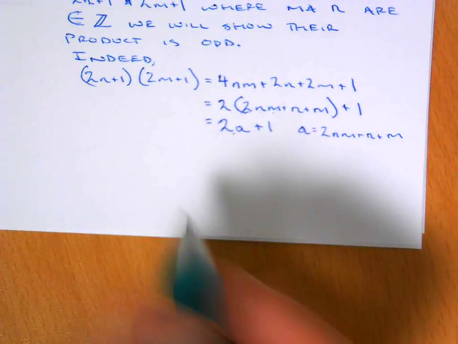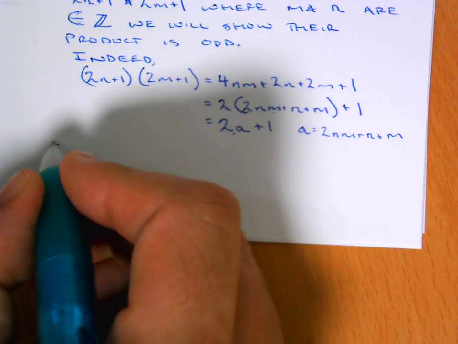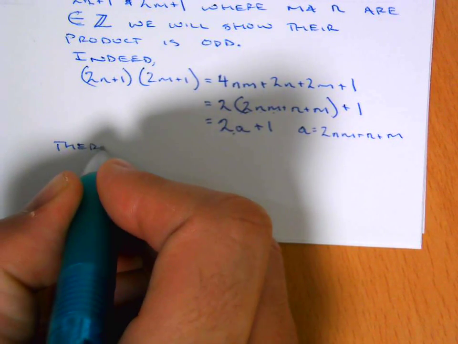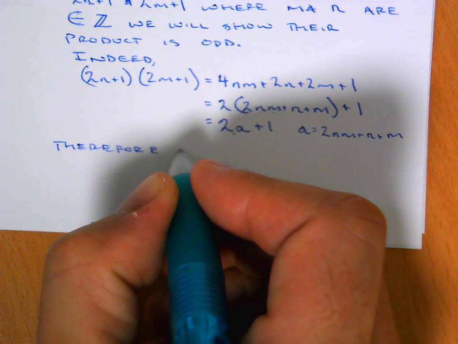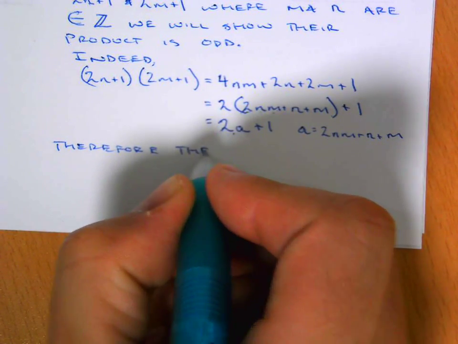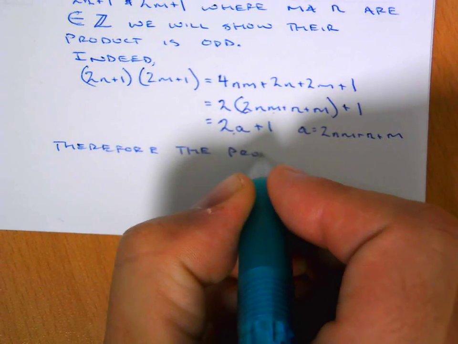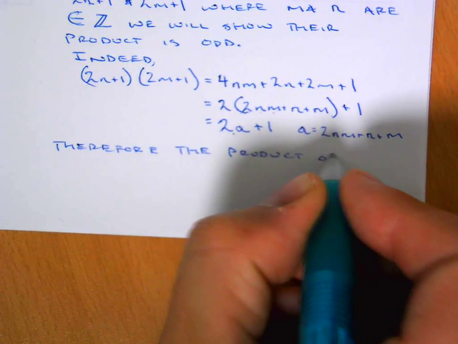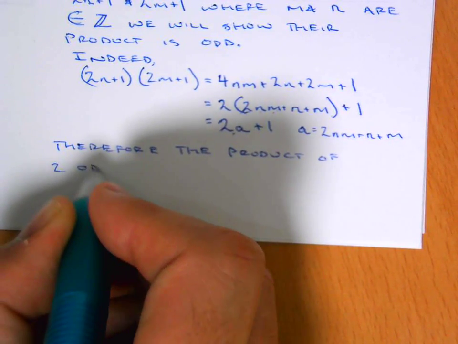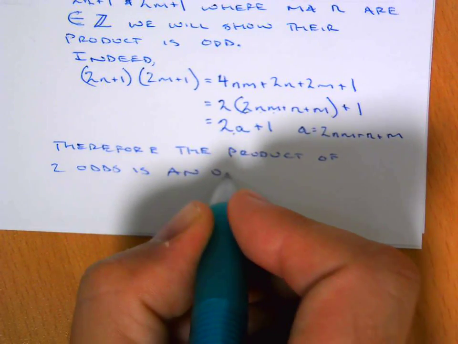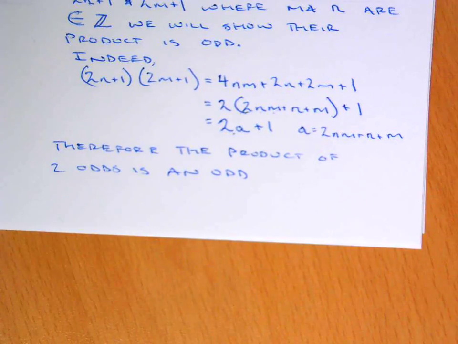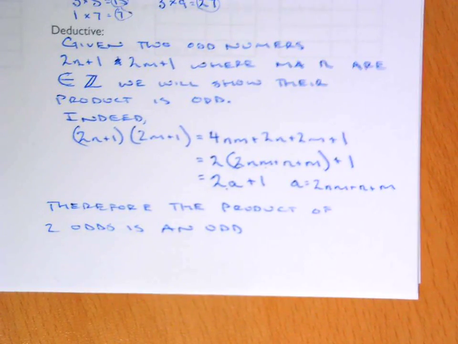And what you notice is that this is in the form of another odd integer. And so we'll finish it off. We'll say, therefore, the product of two odds is an odd. And this is the form that you're going to be using for this type of proof.